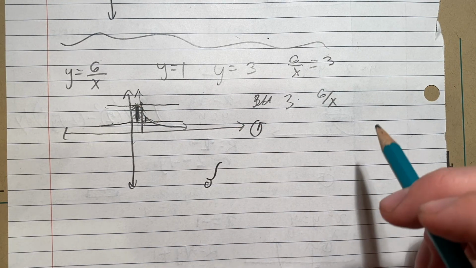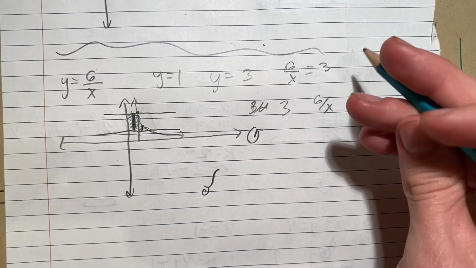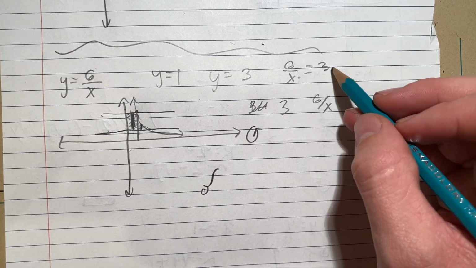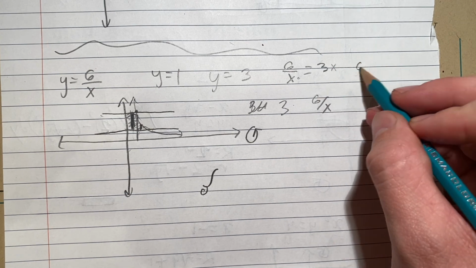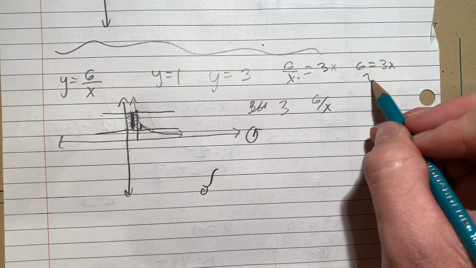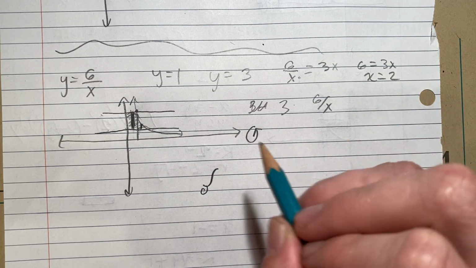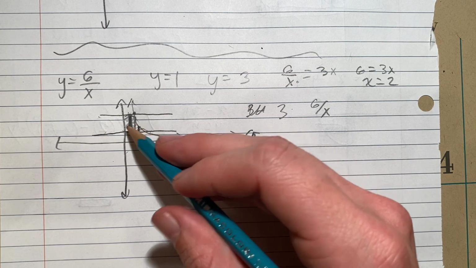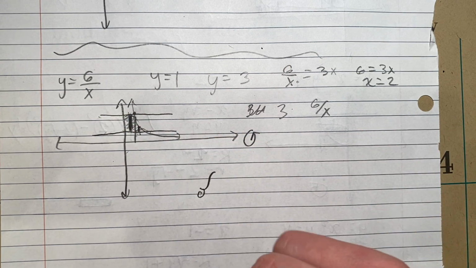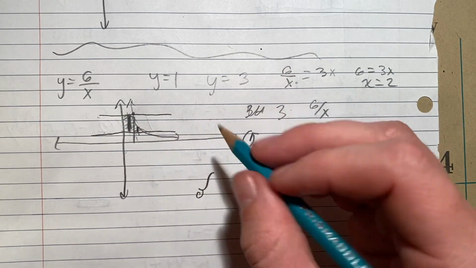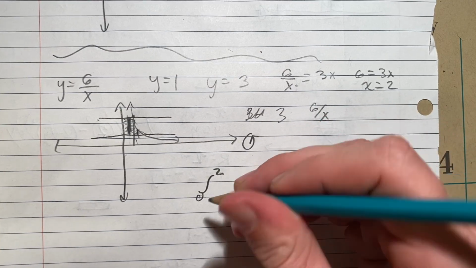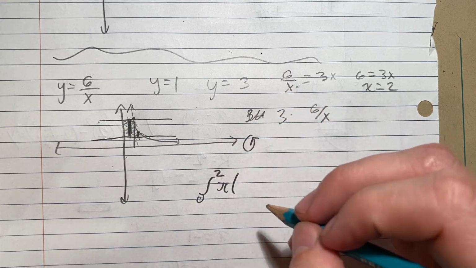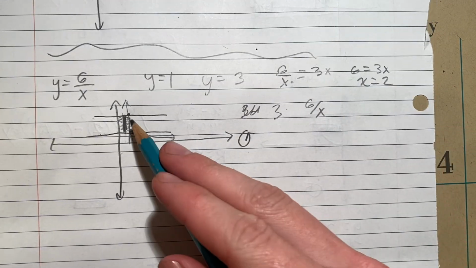When 6 over x is equal to 3, which is y, we can say, okay, if we multiply by x, 6 is equal to 3x, x is equal to 2. So at x equals 2, this is equal to 3. I mean, you could plug that in, but whatever. We'll see that. So we're going to go from 0 to 2 of pi times big R for this case, remember, we're starting with the beginning area.